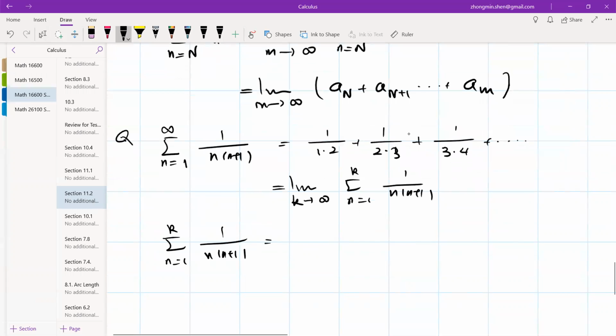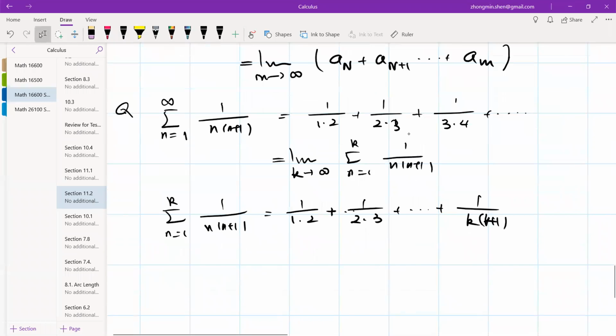According to the definition, if we expand it, the last term will be 1 over k times k plus 1, right? Can I group them into one fraction? We can.